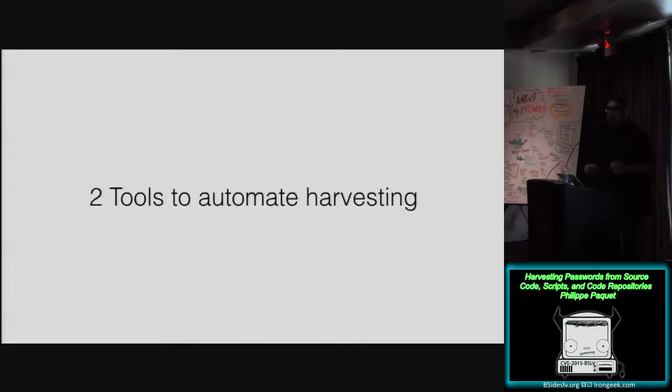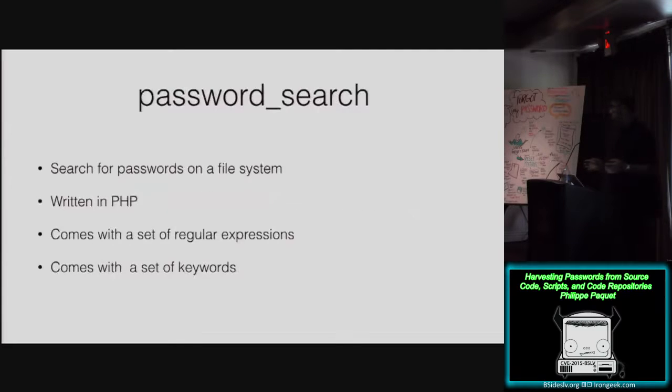So to do that, I'm going to give you two tools to automate harvesting. Those are very simple tools. It doesn't take that much time to develop. The first one is called password search. It's going to go through a file system, and depending on the type of file, it's going to apply a set of regular expression and use a set of keywords with every regular expression you have there.